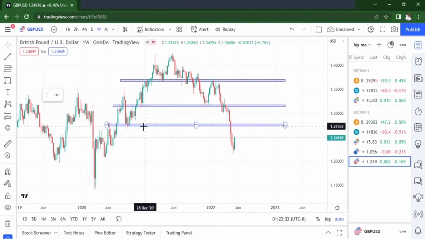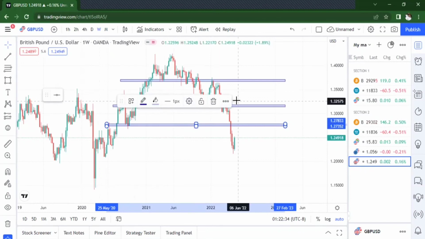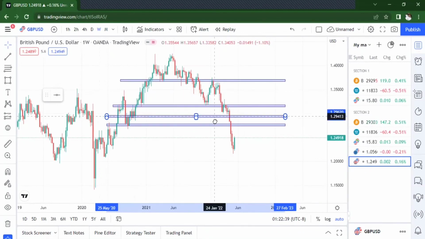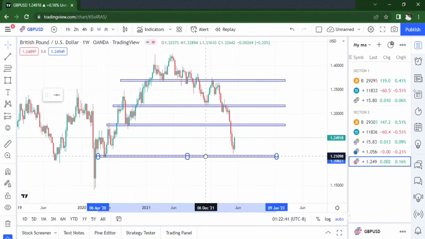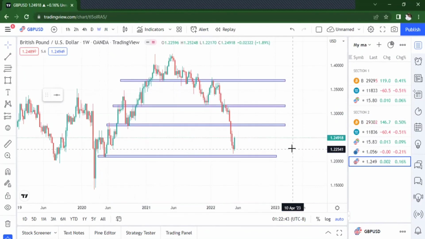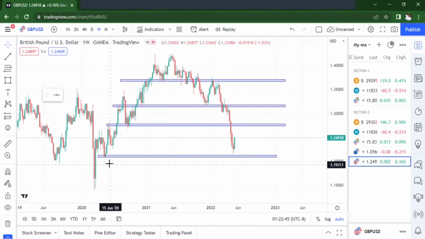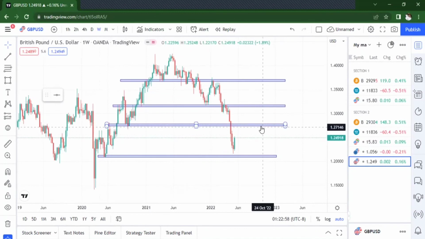So GU came to this place and got shy of the zone. I'm sorry if I'm being too fast. I don't want this video to be very long. GU came shy of this place and we are going to the upside. We want to come and retest and make a little retracement to this side before dropping.